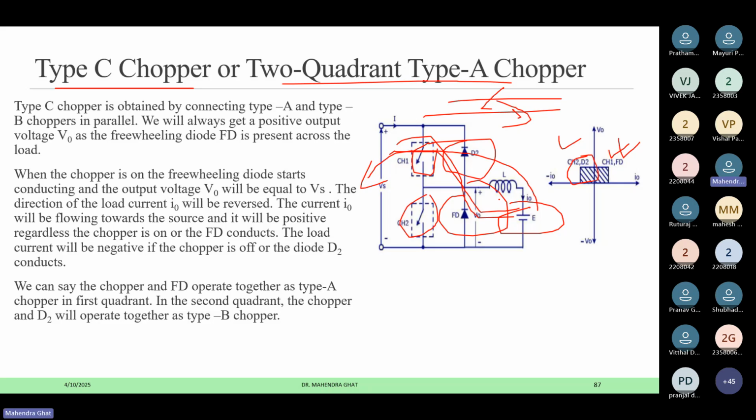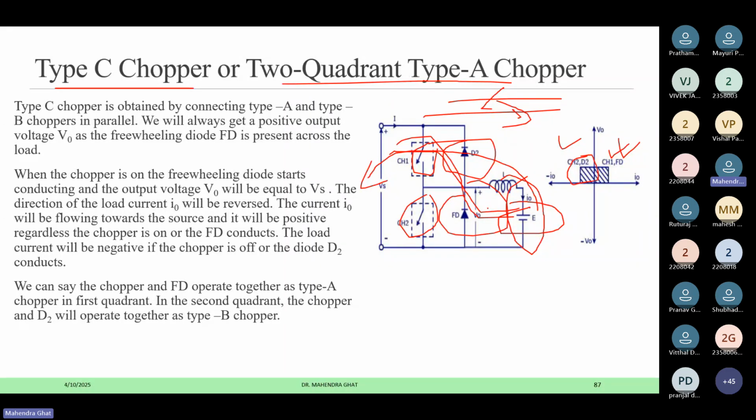It is not called buck-boost, because buck-boost means in the same direction you have to get the bucking as well as the boosting operation. But this type of converter gives either buck in this direction or boost in this direction, and this will be operated as a type C chopper and can operate in the two quadrants.